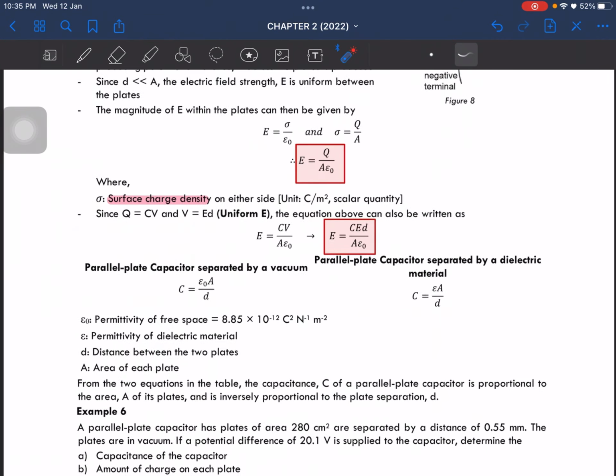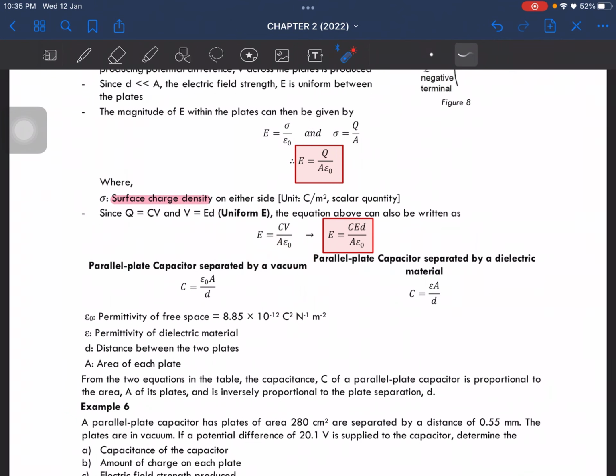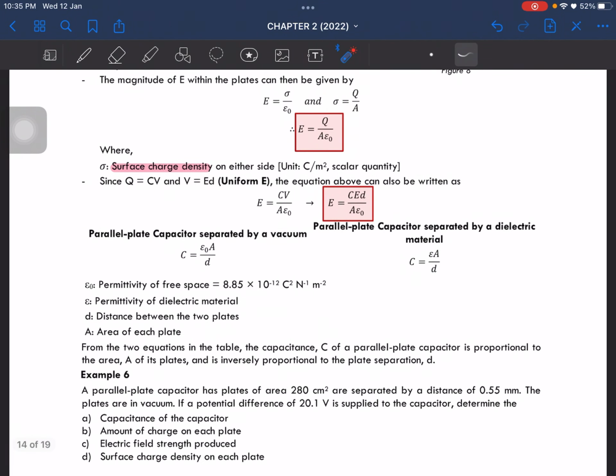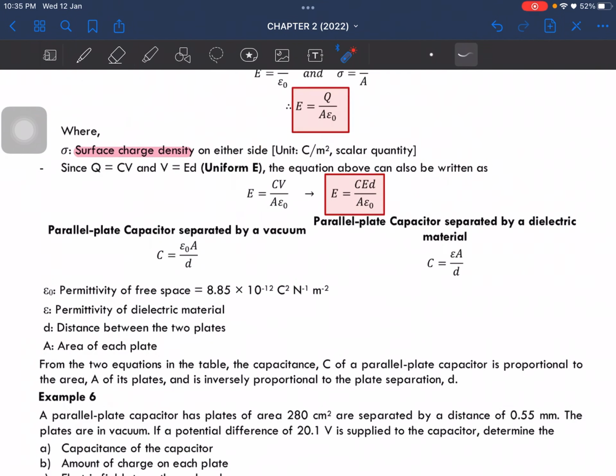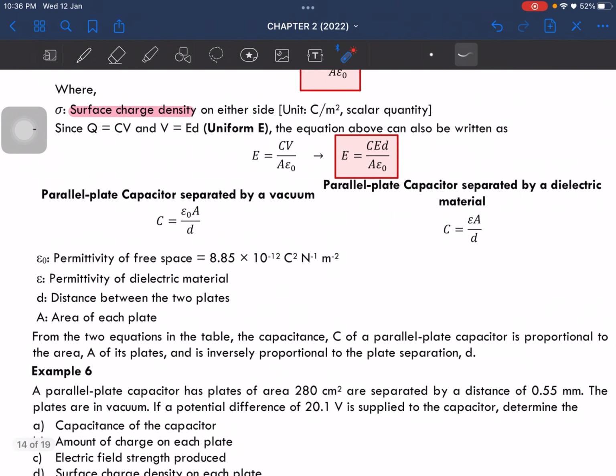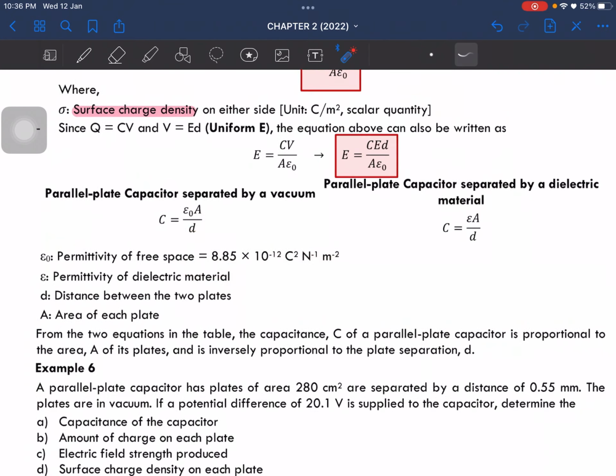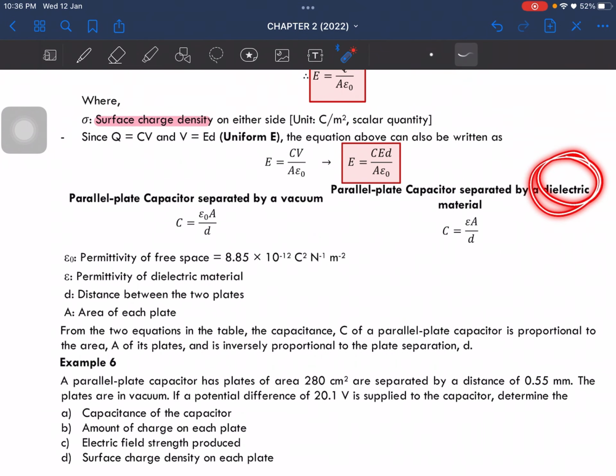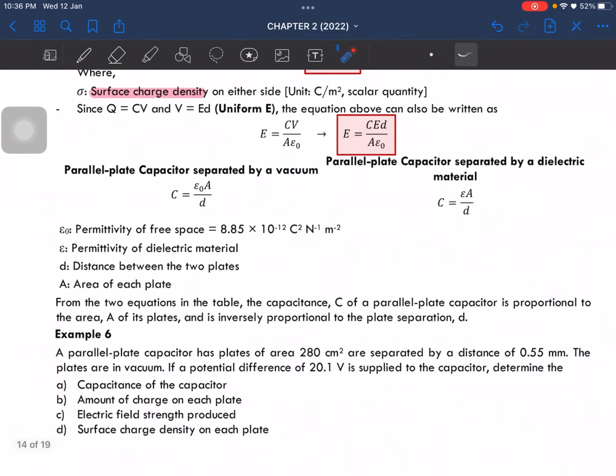This capacitor can be separated either by a vacuum or by a dielectric material. For a capacitor separated by a vacuum, epsilon naught is the permittivity of free space, and its value is this one. If it is separated by a dielectric material, it depends on the type of material.